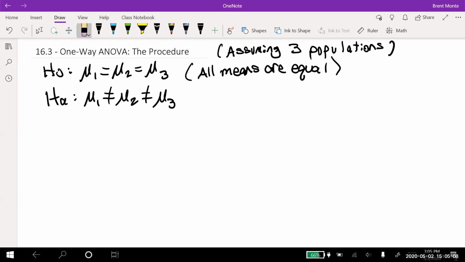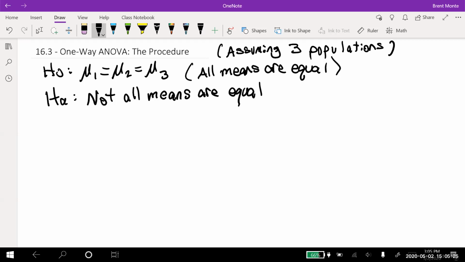So I can't write the alternative hypothesis that way. The way I need to write it, there are 2 options that are both commonly used. One is not all means are equal, and that's what our book uses. Some books will be more specific and say at least one mean is different.